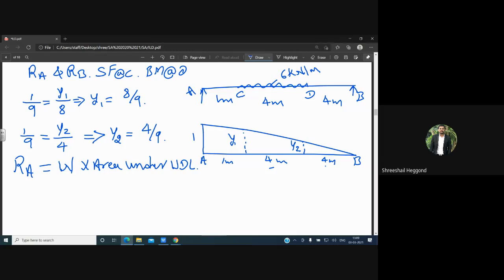Now, the area of this portion I need to calculate. In what shape is it? It's a trapezoid, having parallel sides as y1 and y2, and the distance between y1 and y2 is 4 meter. The area of a trapezoid can be calculated as, what is the equation for area of trapezoid?